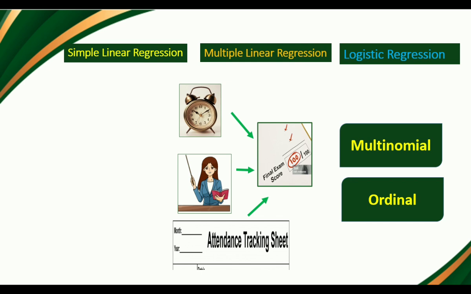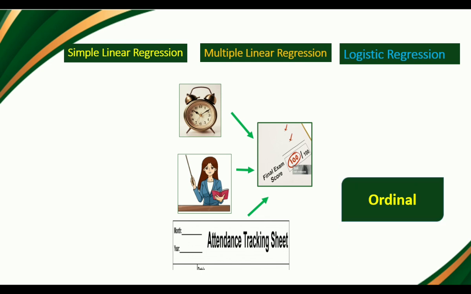Another would be the multinomial. A categorical dependent variable has two or more discrete outcomes in this regression type. For example, predicting whether a student will join a college, vocational or trade school, or corporate industry. Another is the ordinal logistic regression. Here, it applies when the dependent variable is in an ordered state. For example, formal shirt size. The outcomes would be extra small, small, medium, large, extra large.